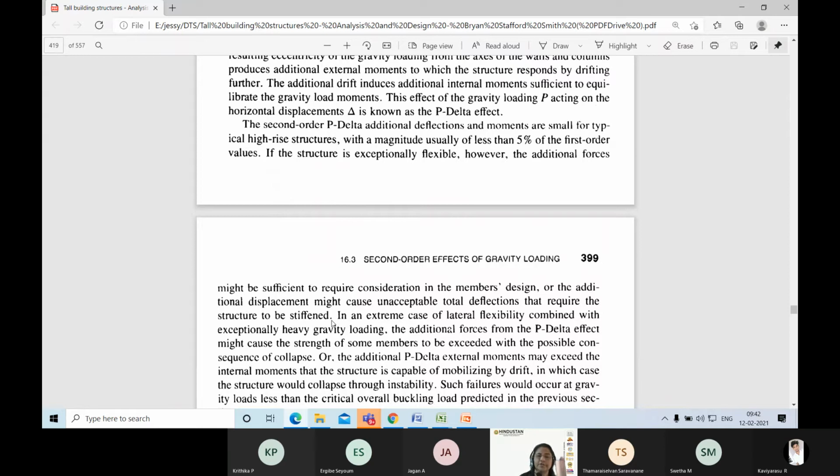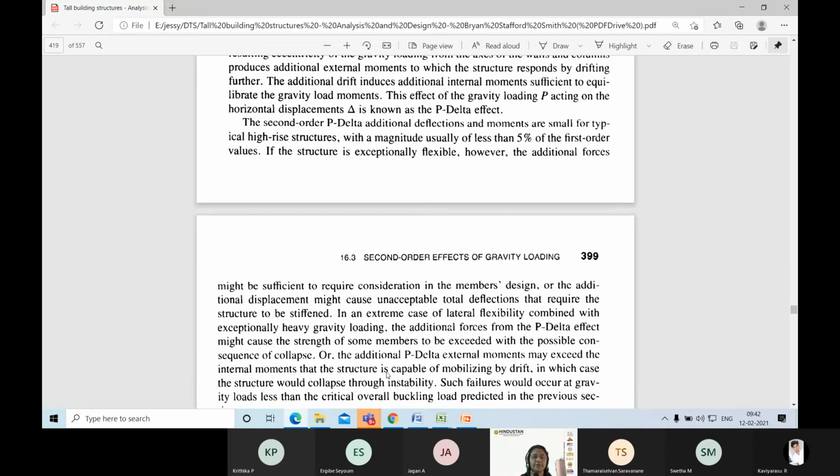Because the total deflection becomes exceedingly large. Otherwise, if the P delta effect is very minimal, we can adjust for it in the analysis by increasing the member sizes. But if it goes beyond that, then it has to be taken into consideration.